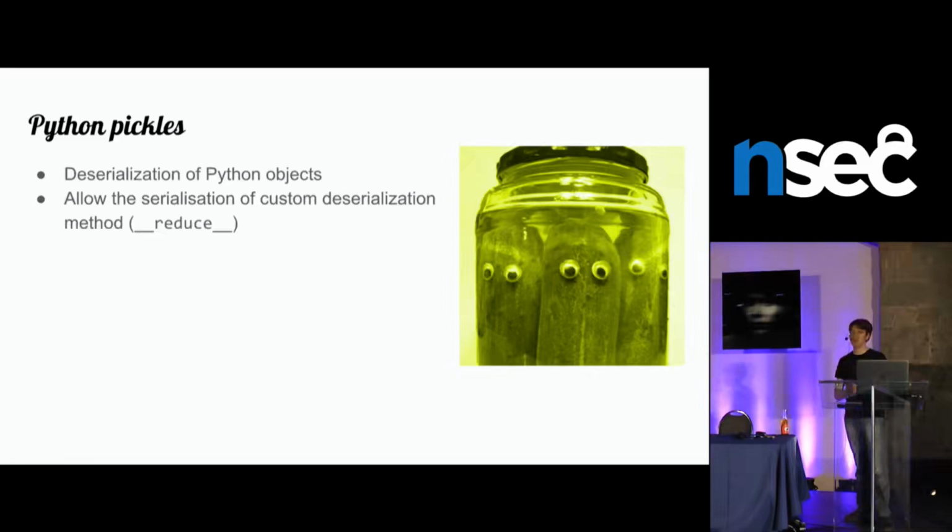Like the readObject method in Java, you can specify a custom reduce method, and this method will be called once objects are deserialized. The main difference with Java is that you're not limited to the existing objects. You can even serialize this method in the object that you want, so you can also serialize a code section with the object.